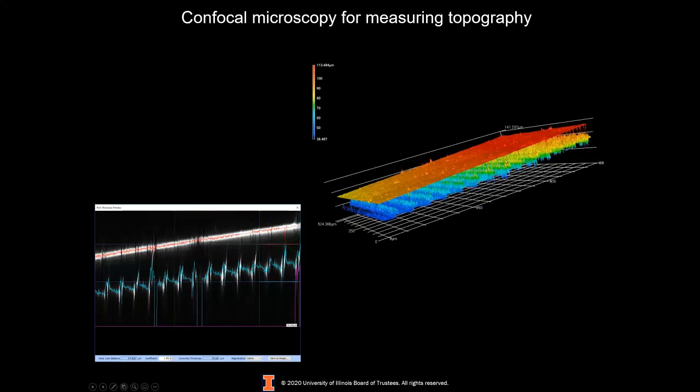Whenever you have enough light coming from the bottom surface, you can do that, and you have a good topography for both surfaces there. In this case, we didn't have as much light coming from the interface, so it looks a little noisy, but with patience, we can do even a better job than that.